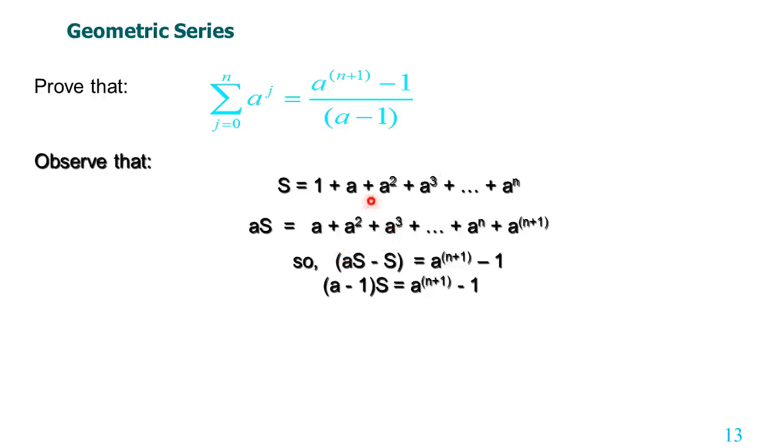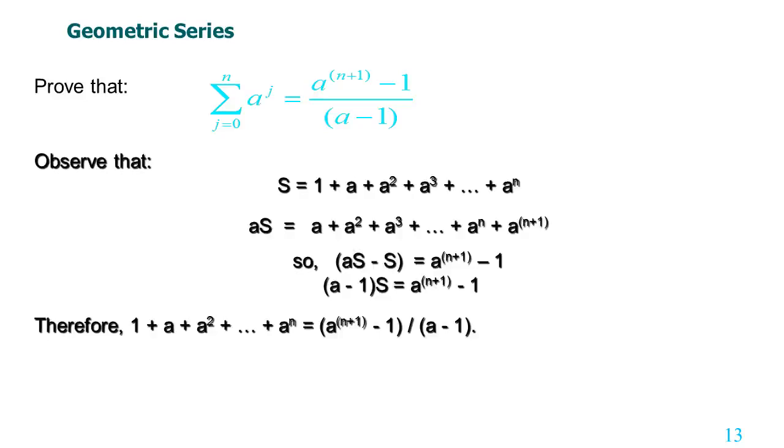These terms will subsequently cancel out, and these two terms also cancel. So what terms remain? That means a to the power n plus 1 and 1. Both terms will remain in the RHS. Hence a minus 1 into s is equal to a to the power n plus 1 minus 1.